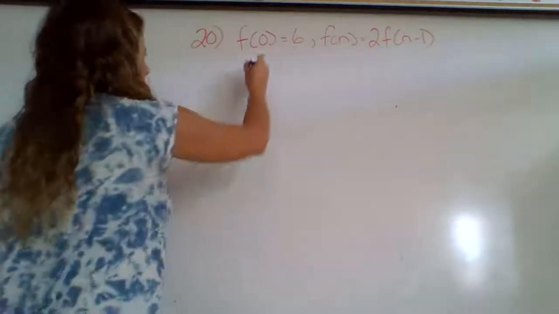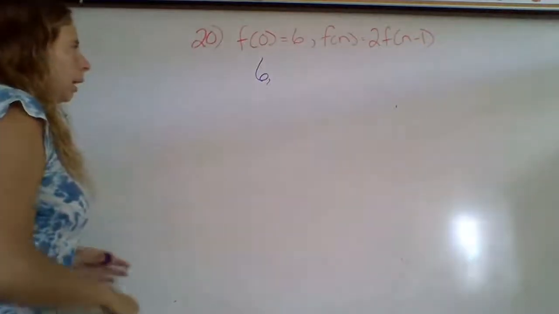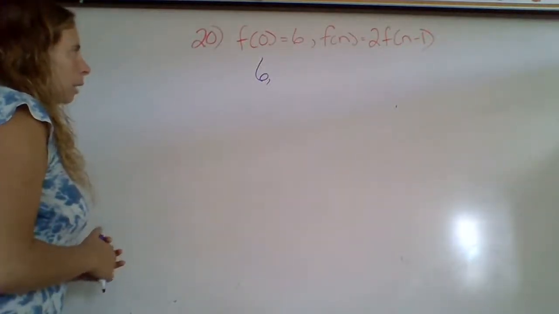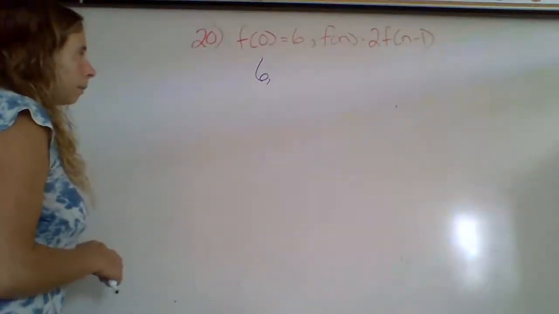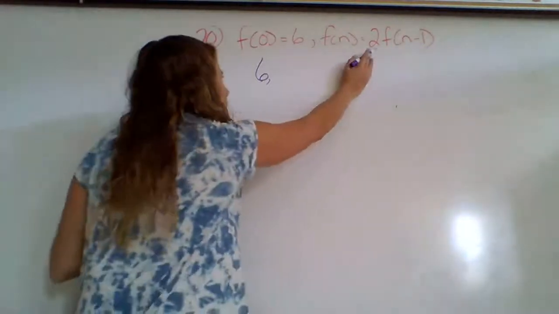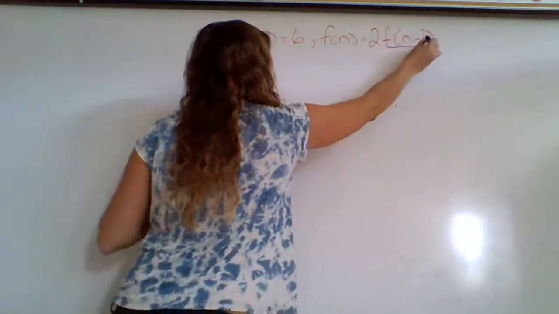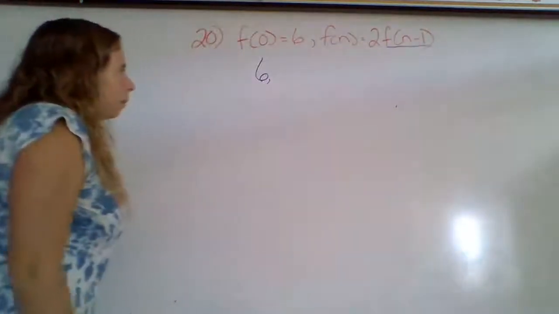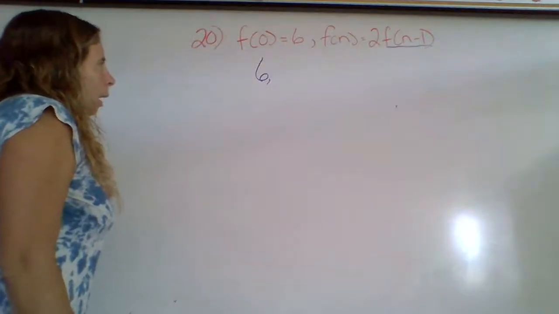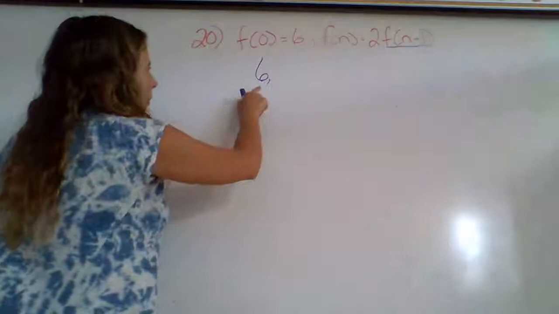We start at 6. Right? And then, how do we figure out the rest of the terms? What does this 2 mean in front of f of n minus 1? Because we know this means previous term. So what's the 2 mean? It means you're multiplying by 2. So your previous term times 2.